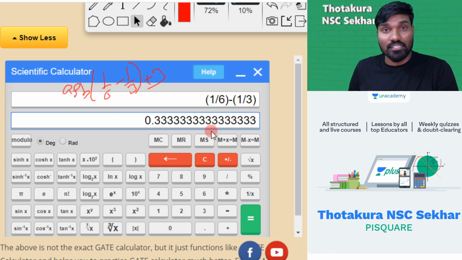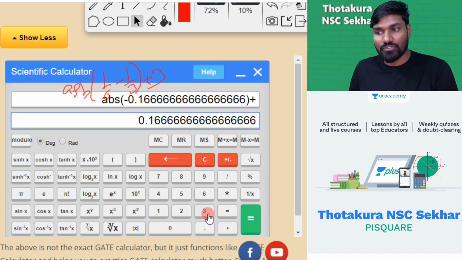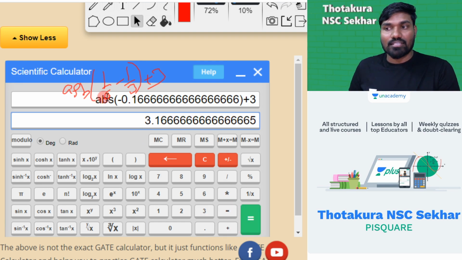This is the initial result, not the final result. Now this is the value we got here. I have to take the mod, that is the absolute. Take this. Now add 3 to this, plus 3. This is the answer.